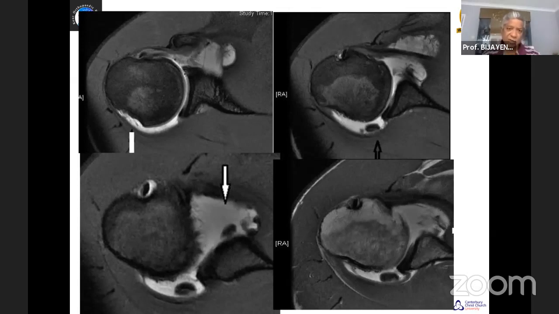And on the bottom left side, I can see there is some fluid along the biceps and the blunting of the anterior inferior aspect of the glenoid with a loose or a detached labrum. Now, you're not going to be asked, how do you know if this is superior or inferior?